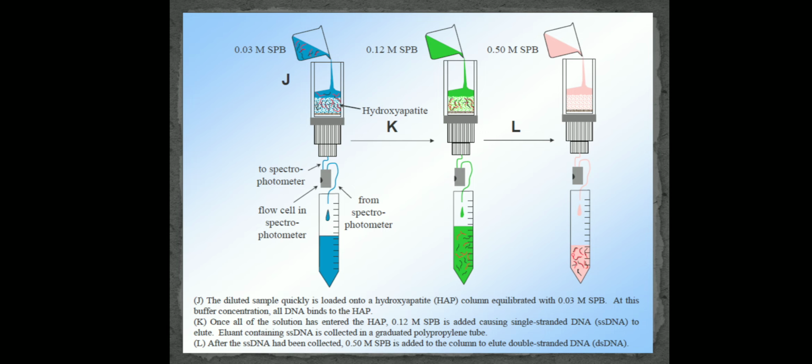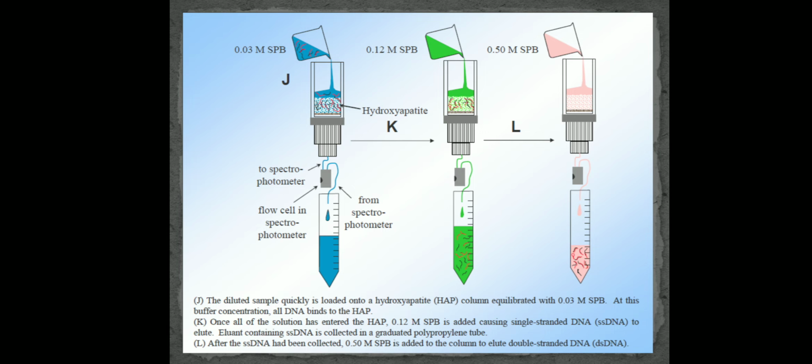So we are using column chromatography. First you fill the column with hydroxyapatite. Then you suspend the DNA. Now the DNA is in 0.03 molar sodium phosphate buffer, and you pour this solution into the hydroxyapatite column. At 0.03 molar buffer, the DNA actually binds to the hydroxyapatite.